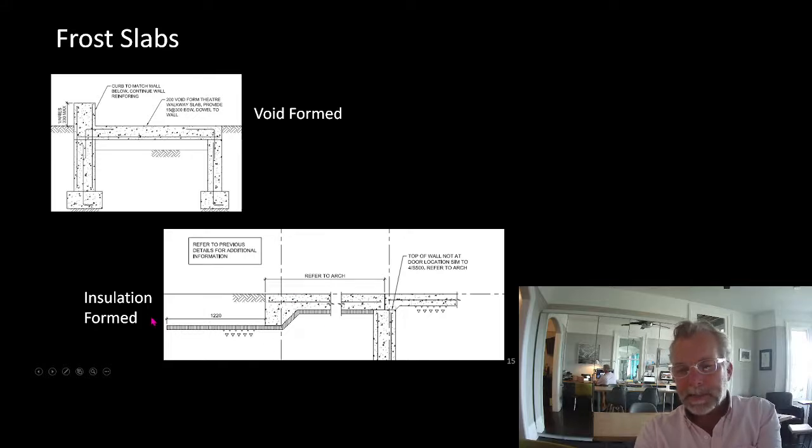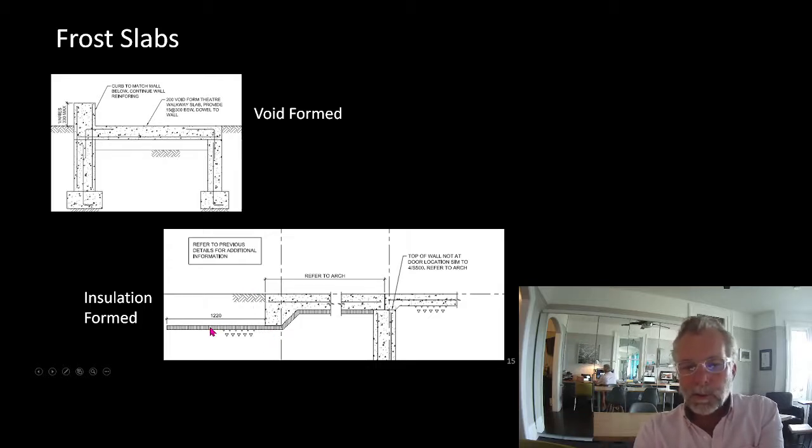So in this particular example, if we add up the vertical distance of 400 millimeters plus the horizontal distance of 1200, it's roughly 1600 millimeters from the ground surface to here, and that's enough to prevent heaving.